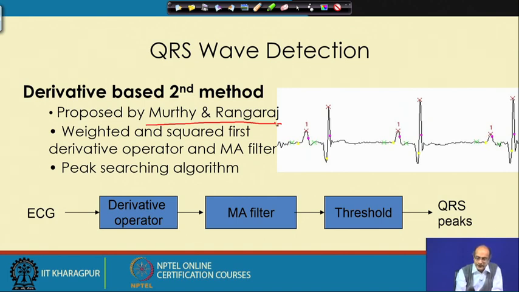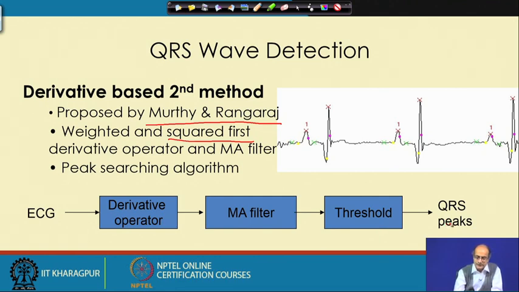So, their approach is that after the derivative, it is weighted and squared. They have used the squaring operation of the first derivative, okay. And then there is the MA filter for doing the smoothing, followed by the thresholding to find out the peak. Okay.